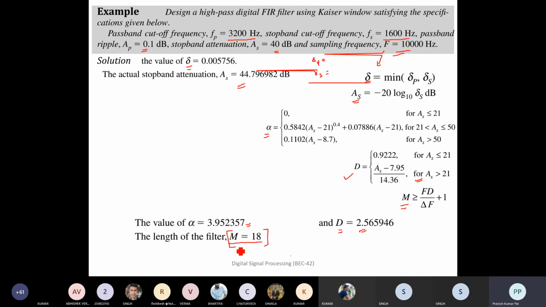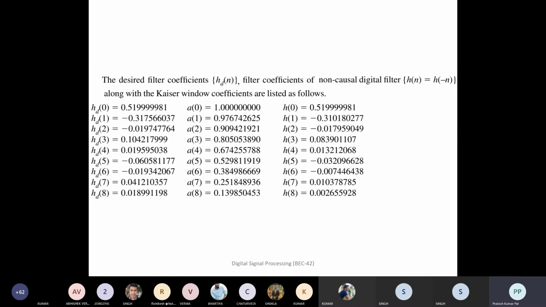In that case, we will be making this 18 an odd value, because M should be odd in this case.